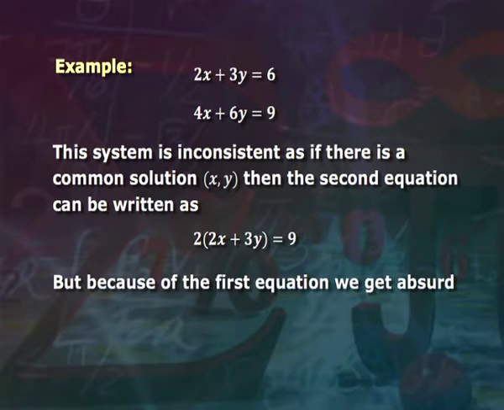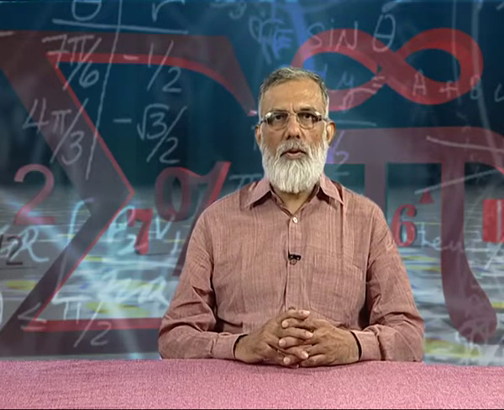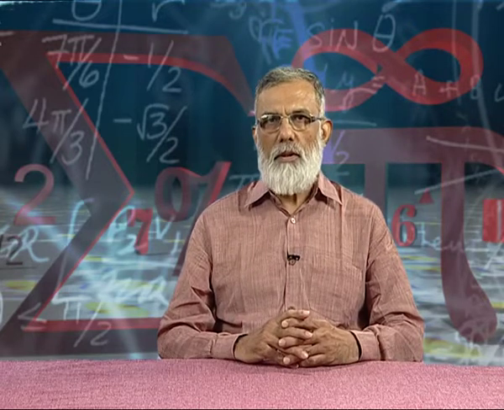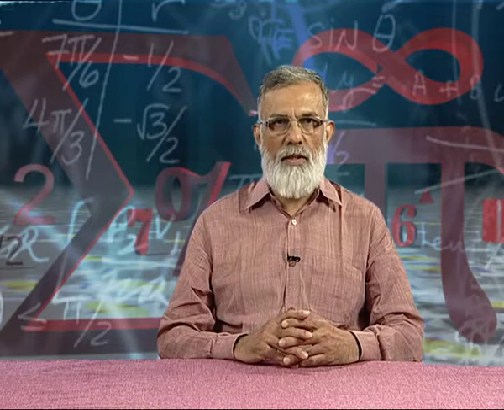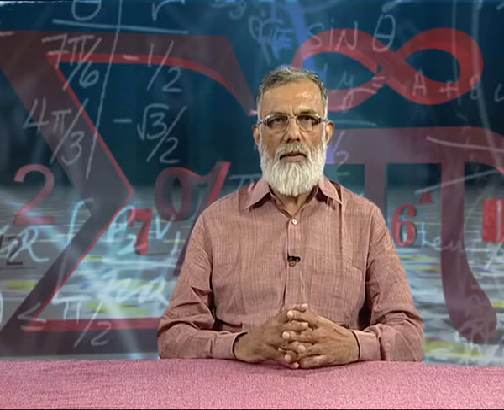But because of the first equation, we get the absurd and untenable identity 2 into 6 is equal to 9. Hence, there is no solution for the system. Therefore, the system is inconsistent. Geometrically, these equations represent two parallel lines in the xy plane, and hence there is no common solution.